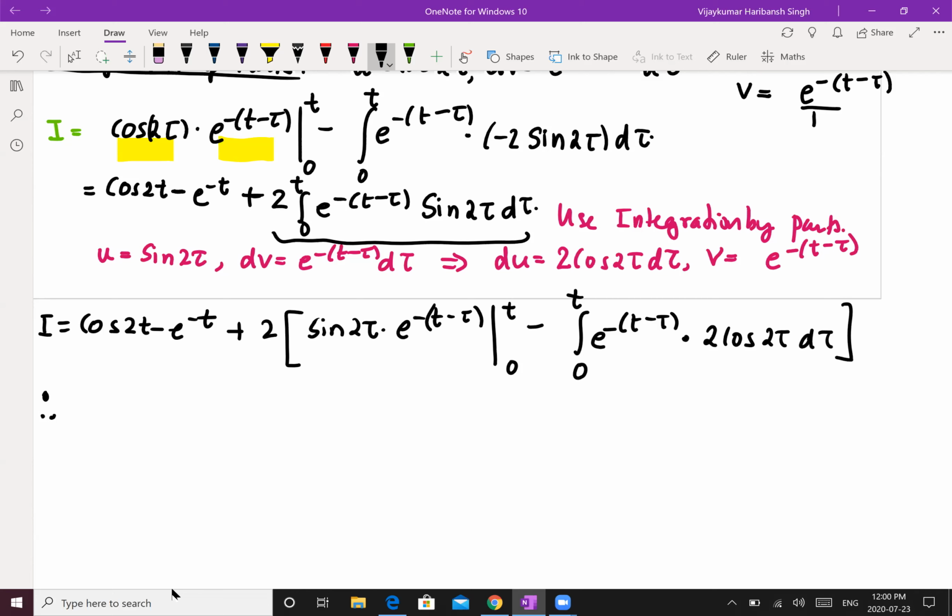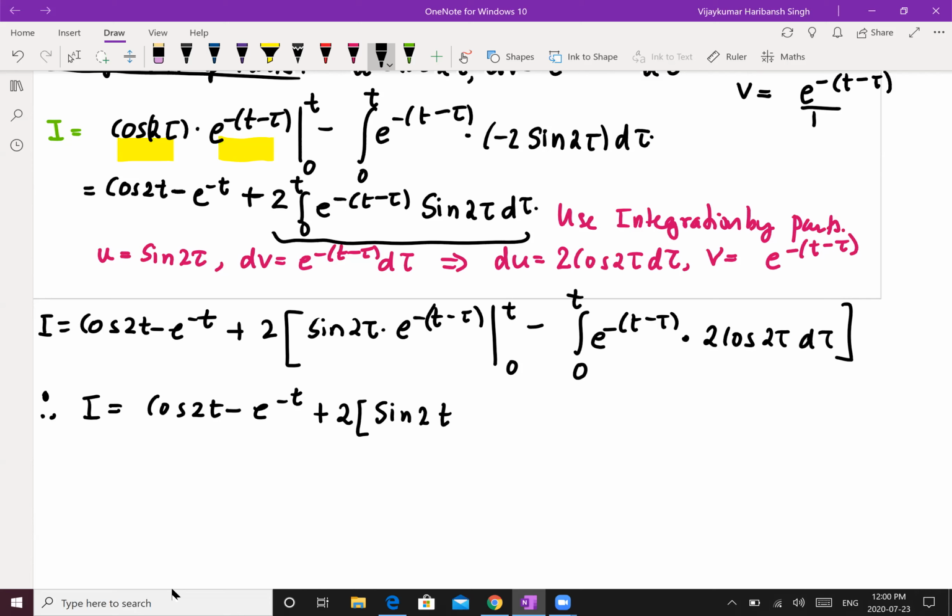So therefore we get I equals to cos 2t e to the power minus t. Now when we put the upper limit, we'll see that becomes sine 2t, right? And this will become t minus t, which is 0, so sine 2t.